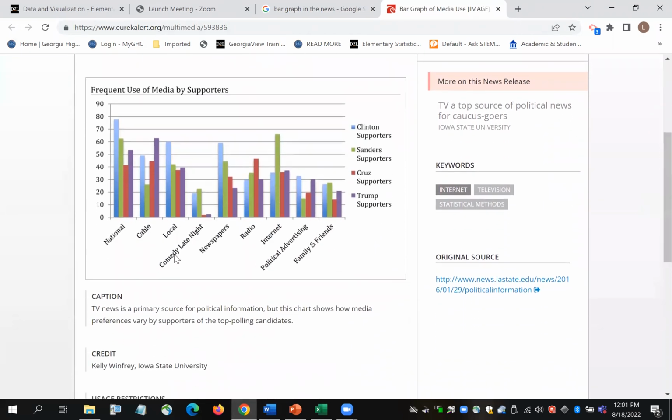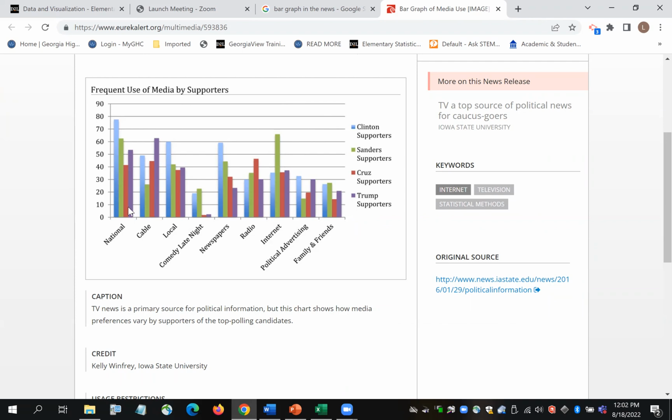This one is a bar graph. It's a little bit fancier, but it shows the different media used by people who supported Clinton, Bernie Sanders, Ted Cruz, and Donald Trump. Each color represents a different presidential candidate, and then it gives you the different types of media.